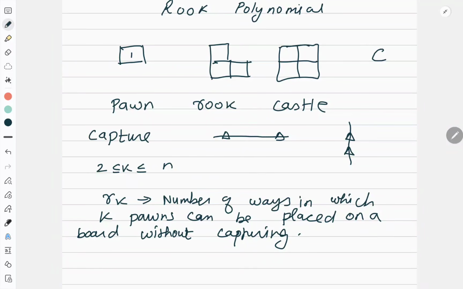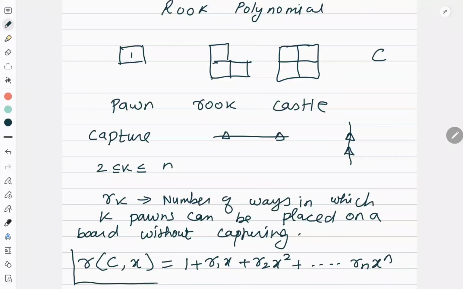And when you do like that, we can write down a polynomial which is represented by r(c, x), where c is the name of a board, is equal to 1 plus r1 x plus r2 x square plus dash dash dash rn x to the power n.